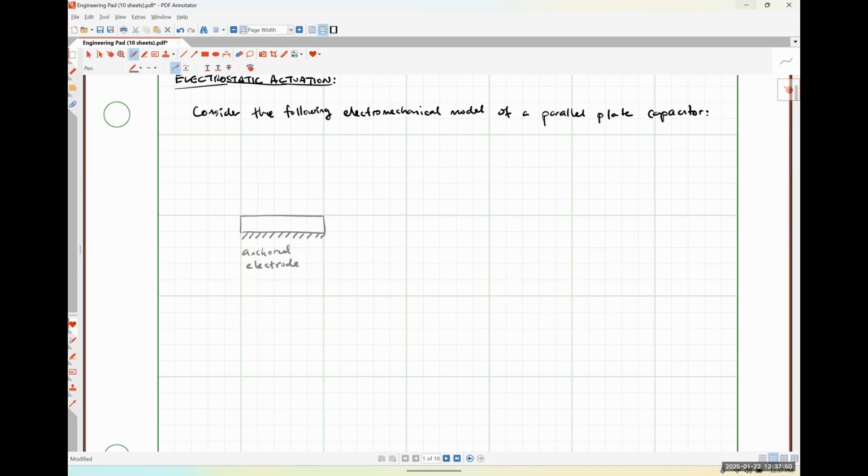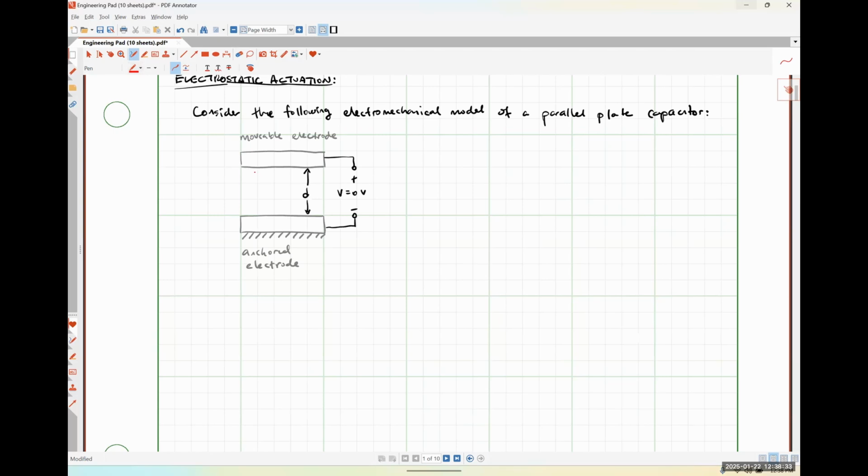Okay. And then up above here, I'm going to have our movable or dynamic electrode, like so. I'm just going to write this as movable electrode. And let's say, for the sake of argument, that the distance between these plates is D. The voltage applied across these plates for right now is going to be 0 volts.